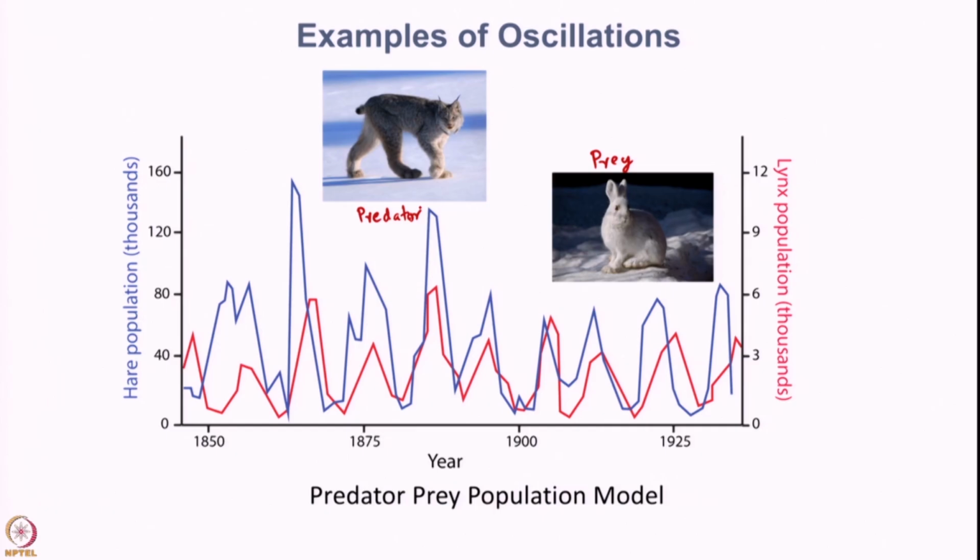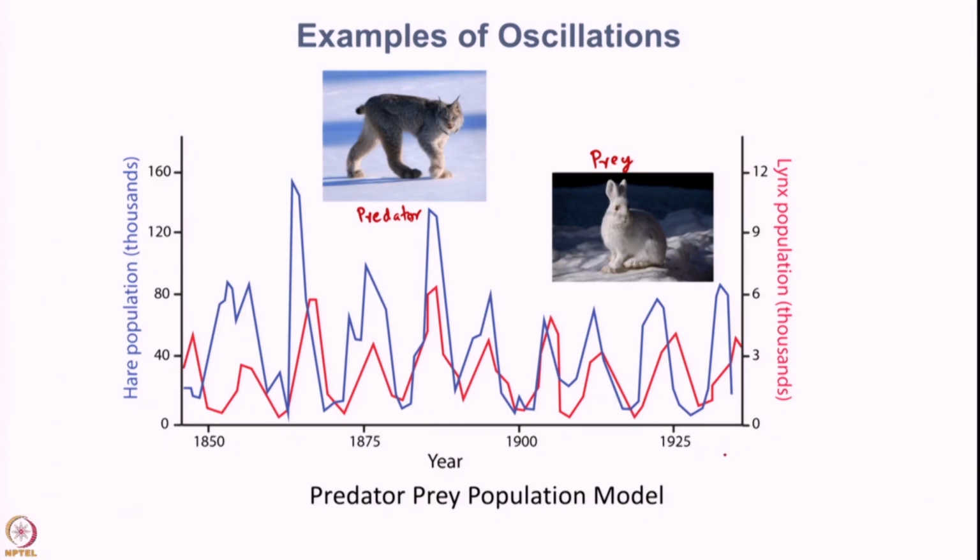As you can see, the population of the prey as well as the predator seems to increase and then fall down, and again go back and increase and then fall down, and keep oscillating over time. The x axis goes from the 1840s all the way to the 1940s.